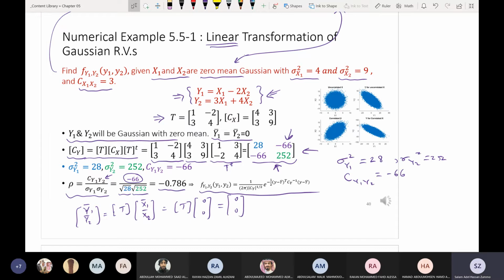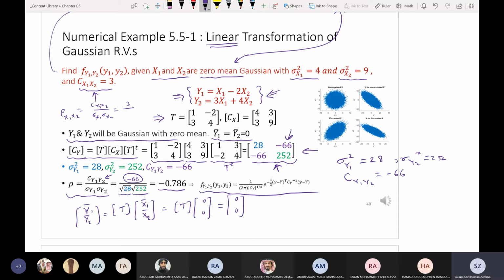Whereas what about x1 and x2? What was the correlation between x1 and x2? Calculate it for me, guys. C of x1, x2 divided by sigma x1 times sigma x2.